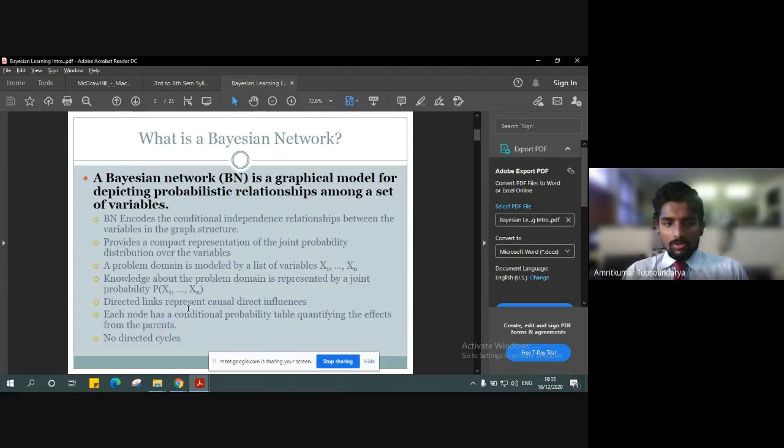So can we create a model, a system, wherein we give the prior data of a particular coin, with the probability of heads or tails, as a data set: these are the number of times this coin has given heads, and these are the number of times it has given tails. Making the system learn what the next prediction will be is one such very simple example.